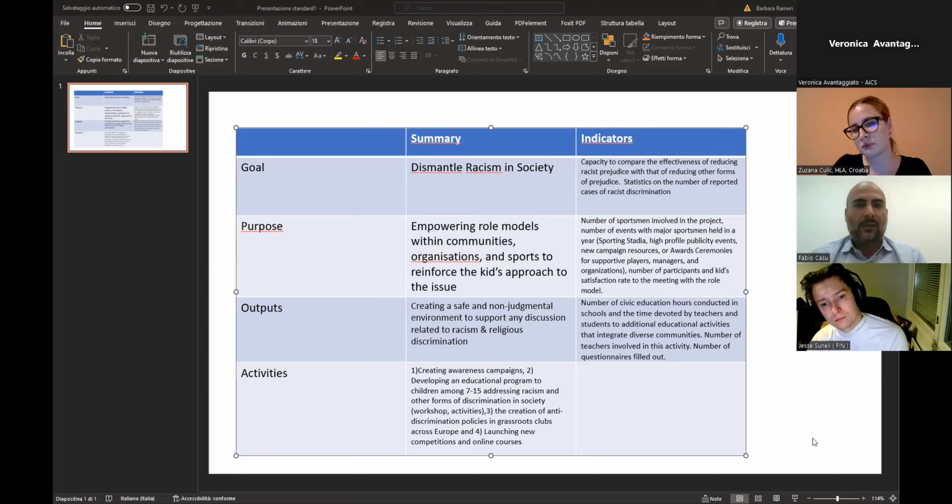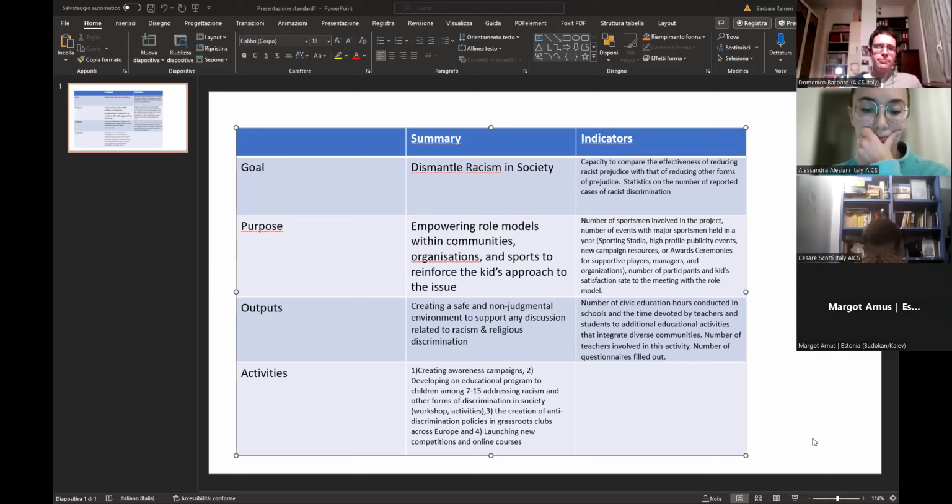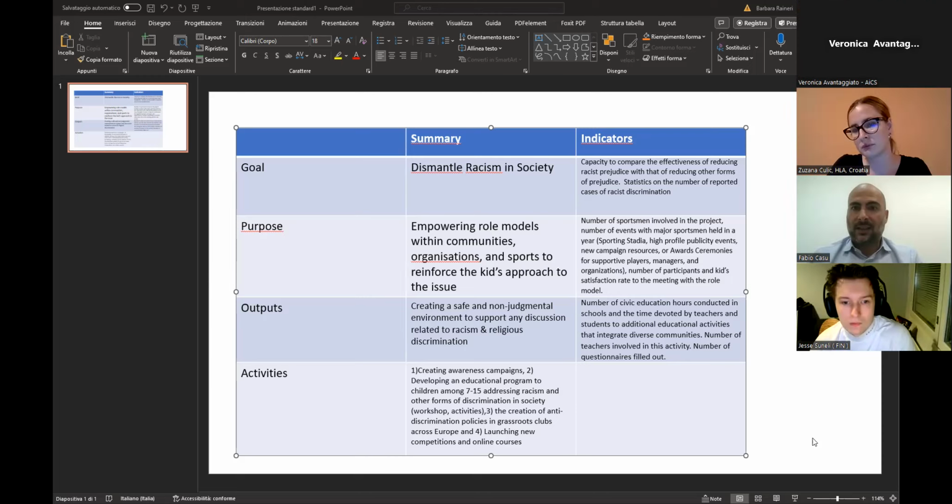So we have not yet reached the idea of Europe as a unique community. But the final aim is that we are all European. Of course, there are differences, but we are one community where there is no room for racism or whatever. So this is the final aim of the project, a grassroots sport project, at least.